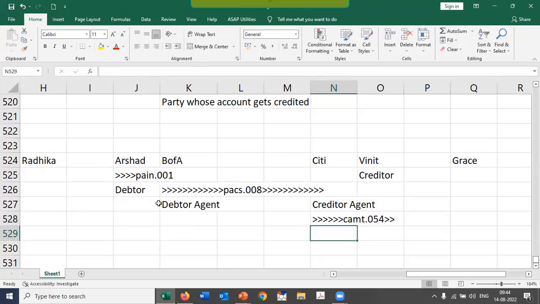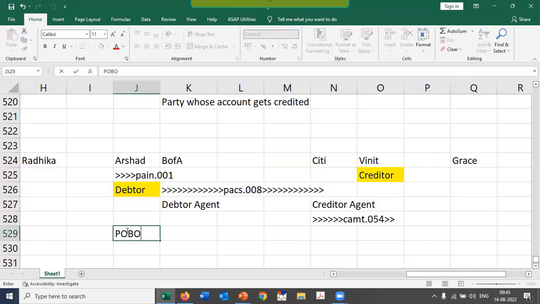So here, the party whose account got debited at Bank of America is Arshad, he is the debtor. The party whose account got credited is Vineet. It is, however, possible that Arshad is making a payment on behalf of, which we call as POBO in the industry, payment on behalf of. Arshad is paying on behalf of Radhika.